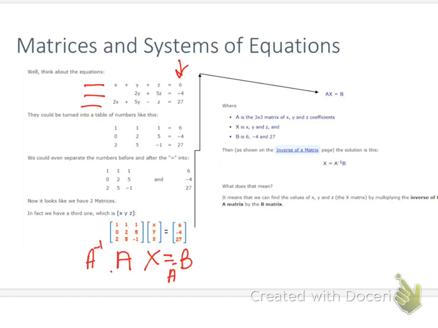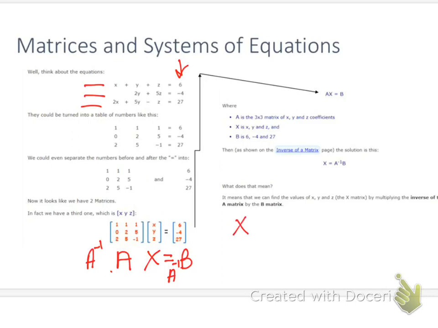Now, you have to think about how you're doing it. You have to do it so that it conforms. So you're going to put it in front of the B, because my A is a 3 by 3 and my B is a 3 by 1. I can't put it behind the B because it will not conform.